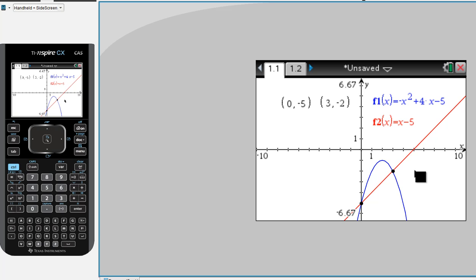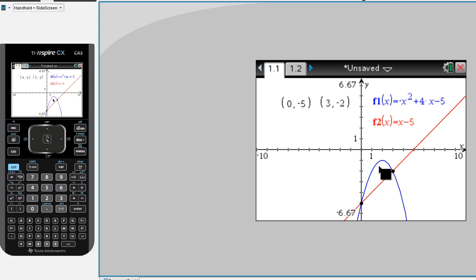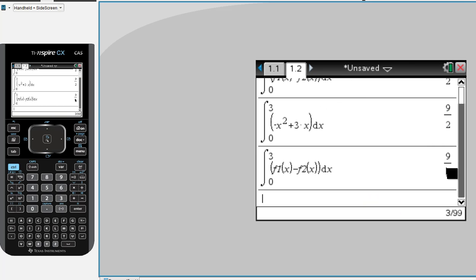So then we're left with minus x squared plus 4x and then minus x, which will be once again minus x squared plus 3x. So it doesn't matter if we move these two down a little bit and now they're below the x-axis, or if they're up here, the area and the integral will always be a positive number.